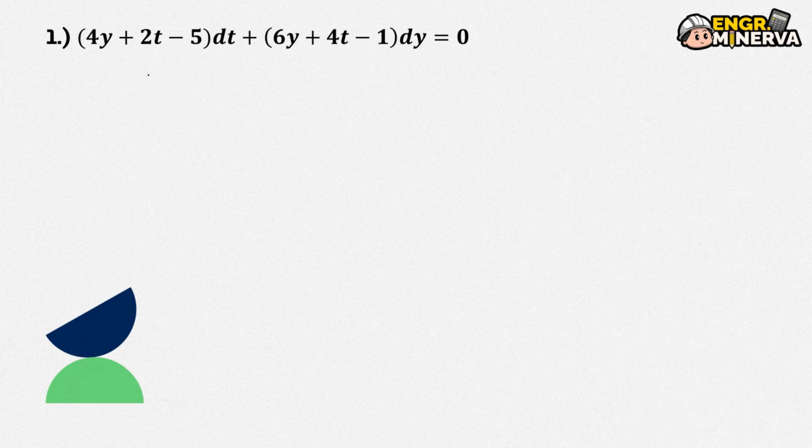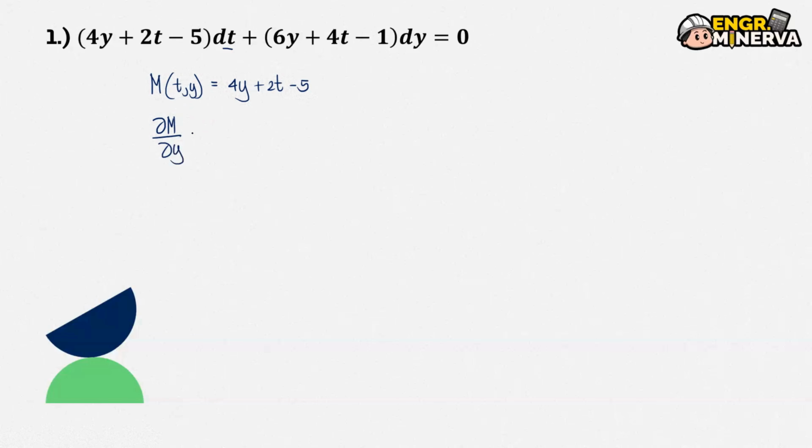So we assign our M as a function of t and y, which would be equal to 4y + 2t - 5. Then we get the partial derivative of M with respect to y, since this is dt.